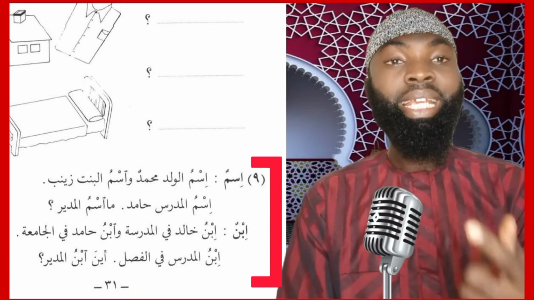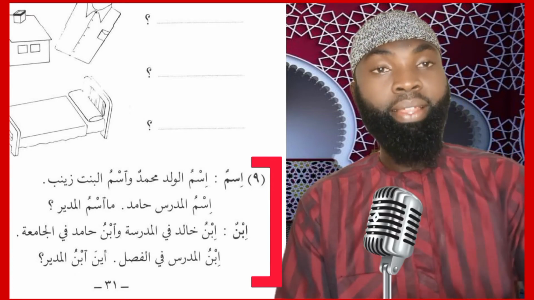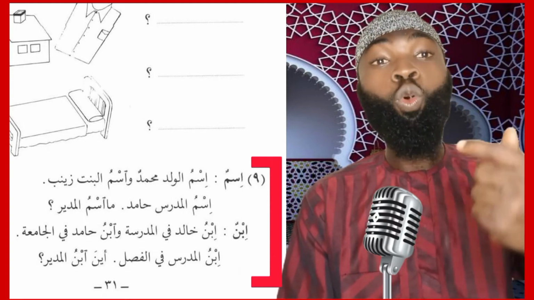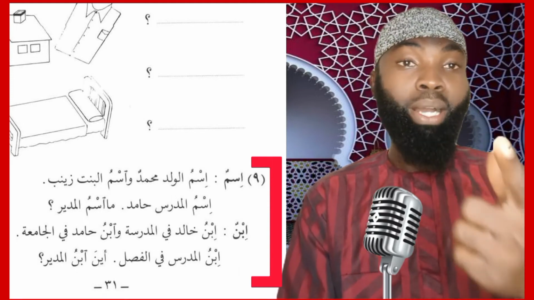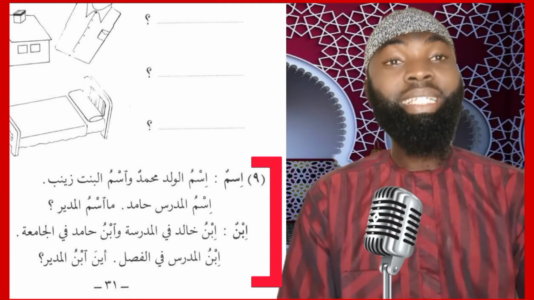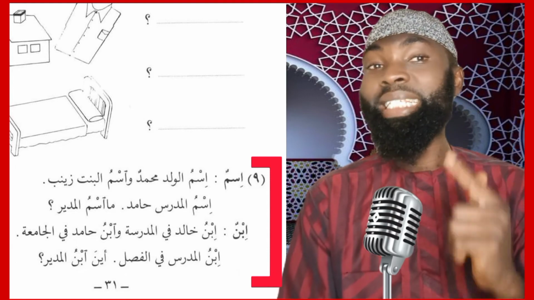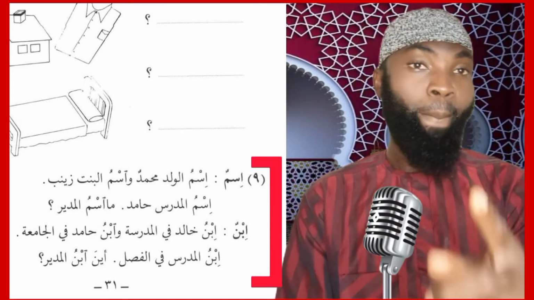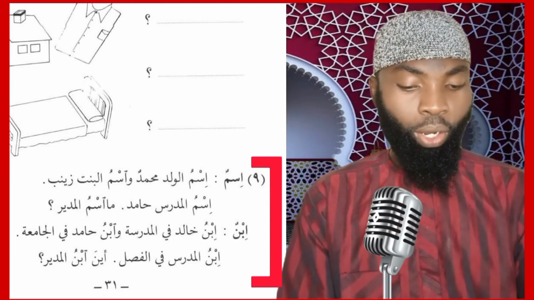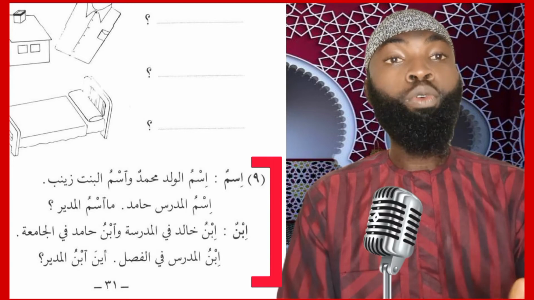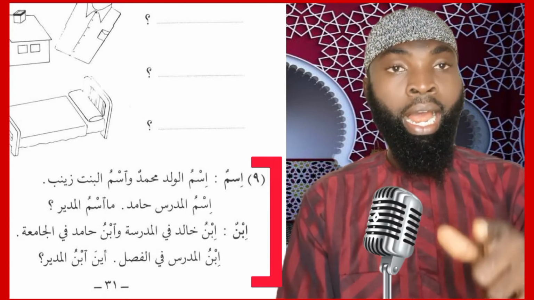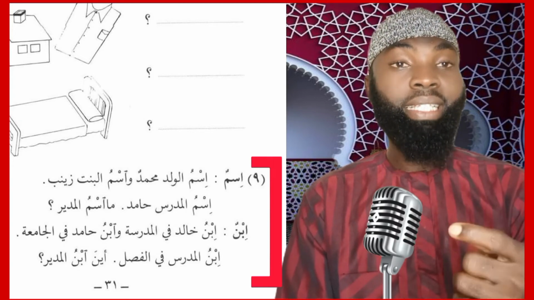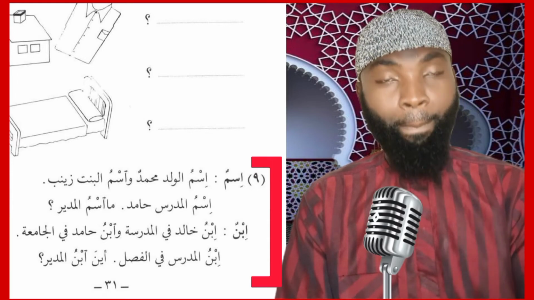So here we have ismul waladi, the boy's name. Ismul waladi Muhammadun, the boy's name is Muhammad. Wasmu, we do not say wa ismu, rather wasmul binti Zainabu, mashallah. We also have ismul mudarrisi Hamidun, the teacher's name is Hamidun.